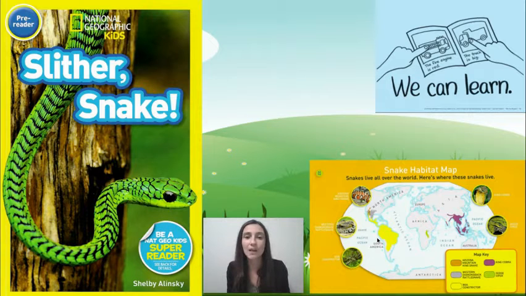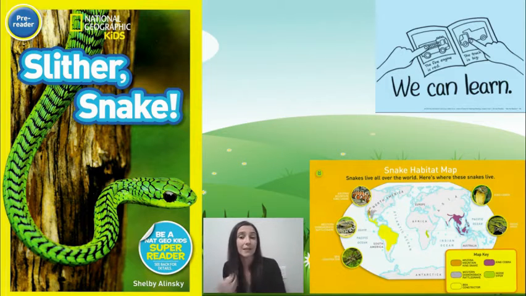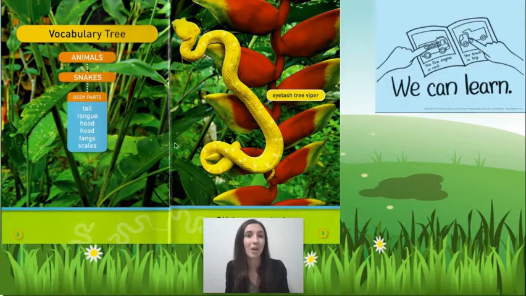As we are looking at our words today, and as we're learning about the different types of snakes, I want you to think: do they all live in the same place, or do they live in many different places? So let's take a peek. Vocabulary tree.